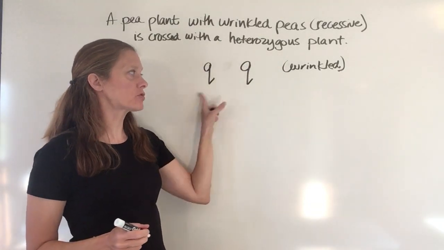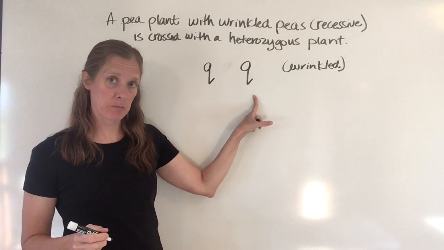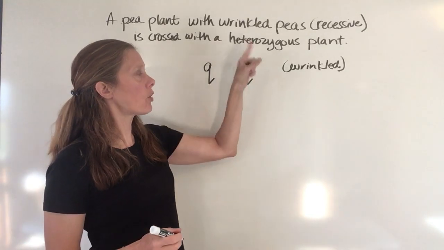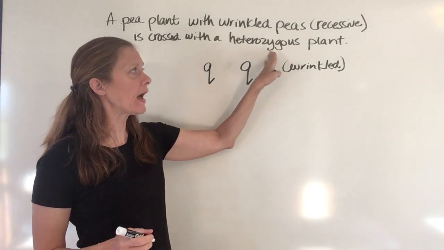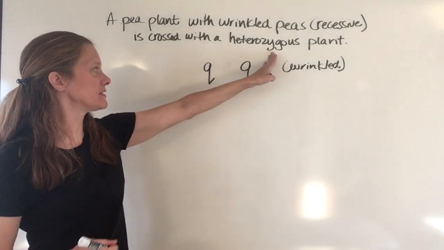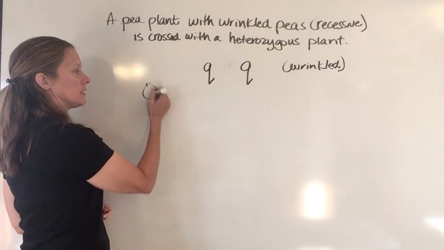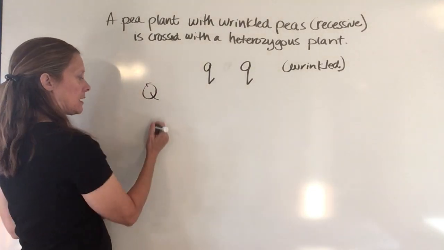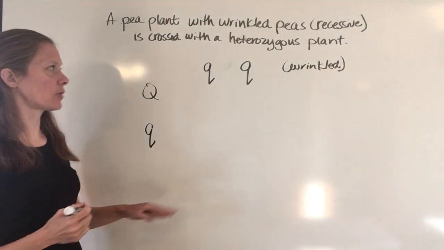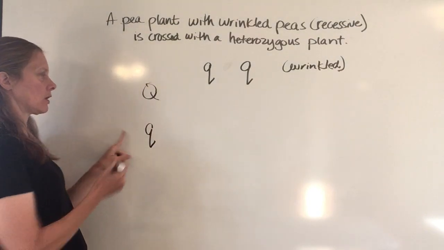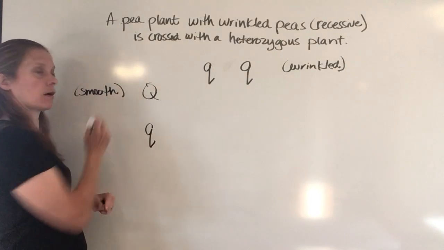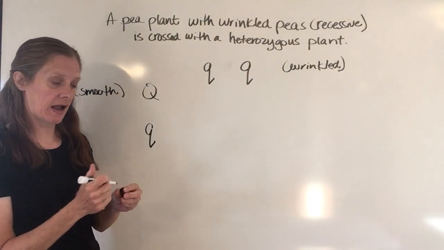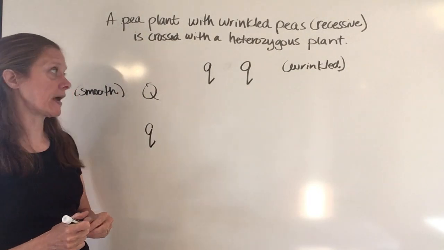This one is homozygous because both of these are the same, and the only way that you can show a recessive trait is if both of the alleles are the same. In a heterozygous plant, I'm going to have one for the dominant trait and one for the recessive trait. So this plant over here is actually going to have peas that are smooth in the way that it actually looks, which is called its phenotype.